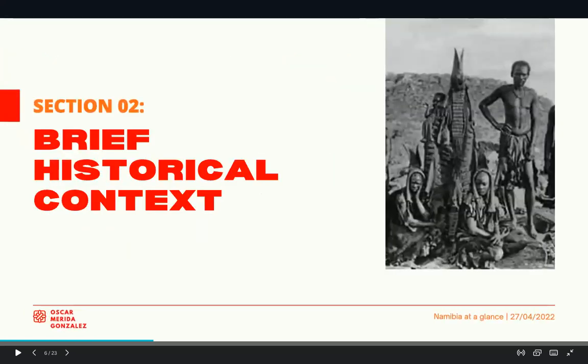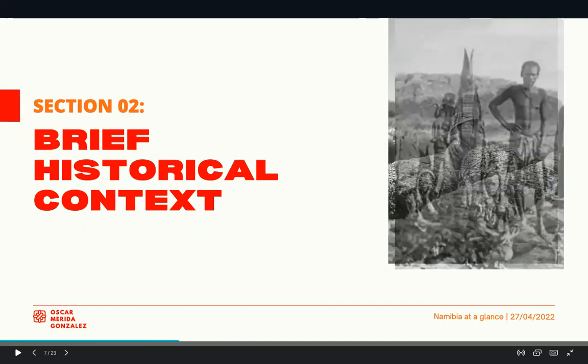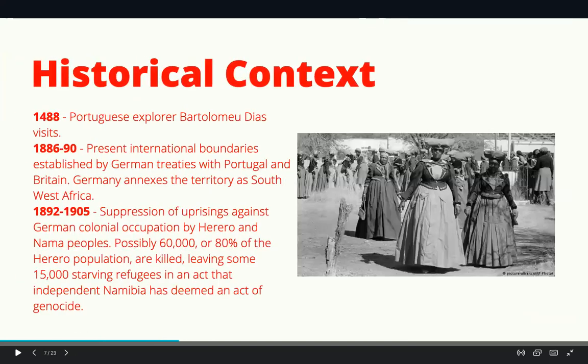Then let's jump to the brief historical context. In 1488, the Portuguese explorer Bartolomeu Dias visited the country. Bartolomeu Dias stopped in Walvis Bay and Lüderitz on his way around the Cape of Good Hope. Between 1886 and 1890, the present international boundaries were established by German treaties with Portugal and Britain.